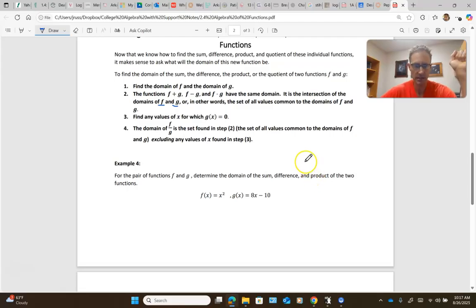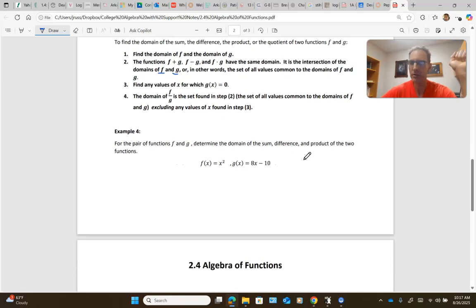Alright, so let's look at example 4. And guys, to my knowledge, I think my examples pretty much mirror the problems from your homework that address the domain. So just kind of use these as examples. It says for the pair of functions f and g, determine the domain of the sum, the difference, and the product of the two functions.